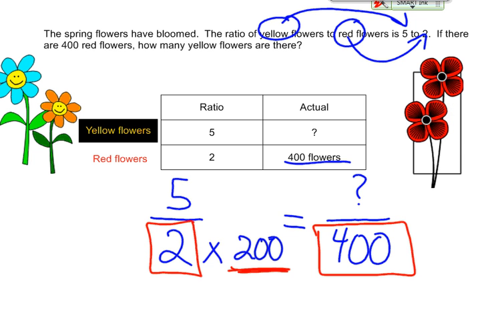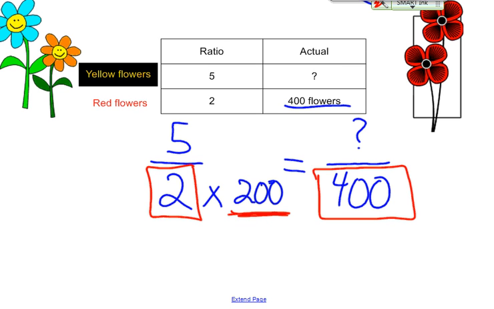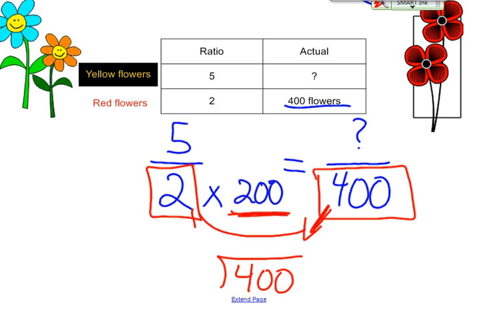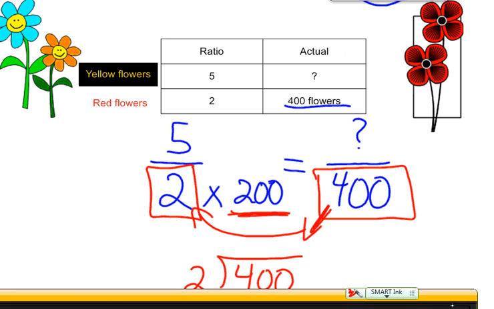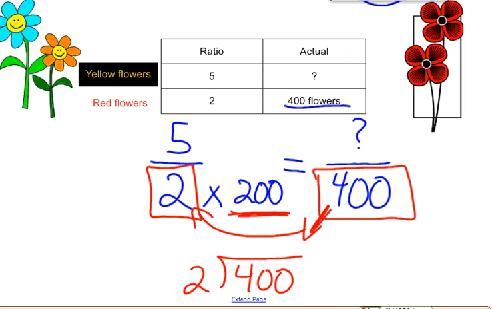If that number didn't stand out, you would take your larger number and divide it by the ratio. You could very easily see that 2 goes into 4. And it looks like my video ended. I wasn't paying attention to time. And of course now you can't see anything. All right, so 2 goes into 4.